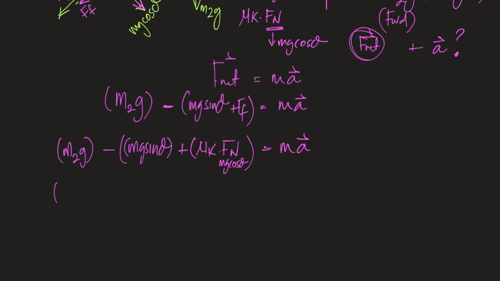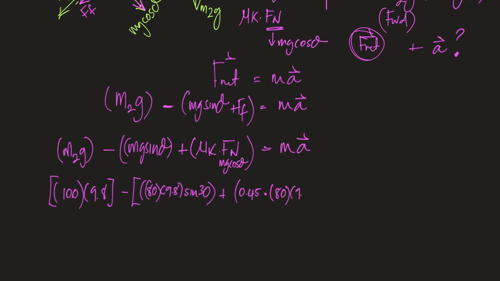I've got m2, which is 100 times 9.8, minus mg sine theta, which is 80 times 9.8 times sine 30, plus mu k, which was 0.45, times mg cos theta, which is 80 times 9.8 cos 30, is equal to the mass of my system, which was 180 times acceleration.